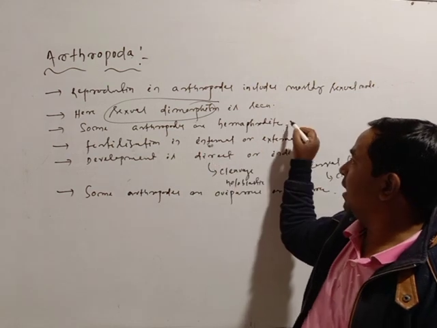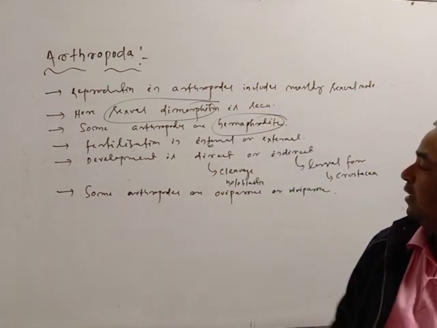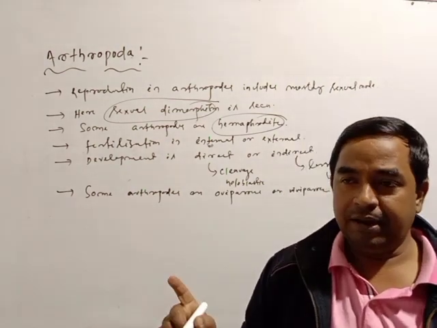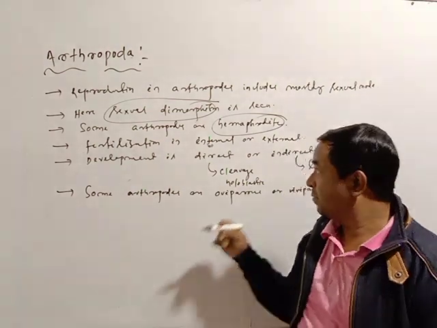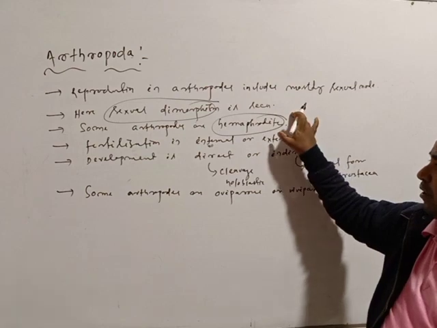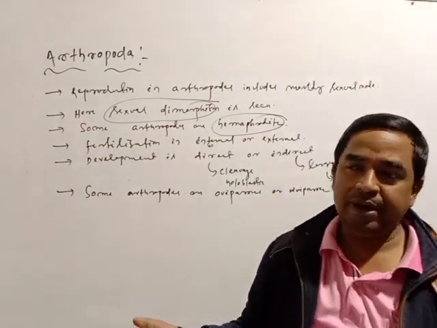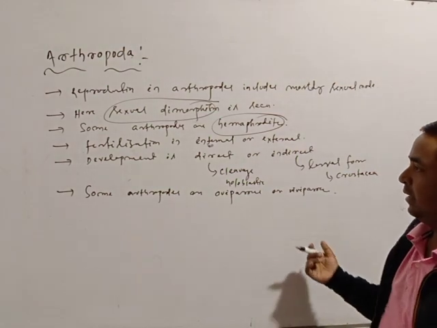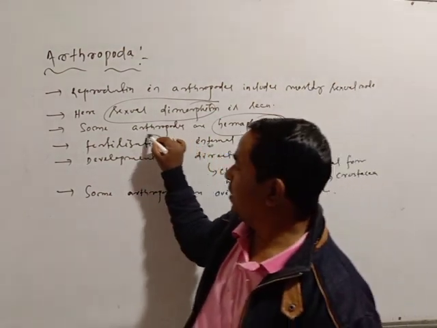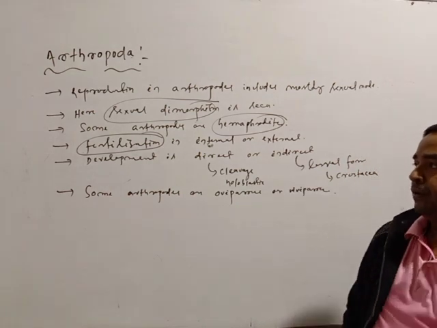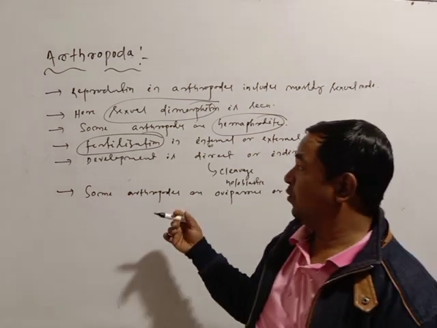Some arthropods are hermaphrodites: when both male and female sex organs are present in an organism, they can produce both male and female gametes.